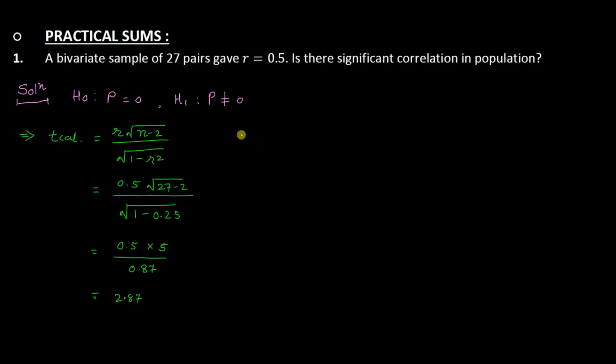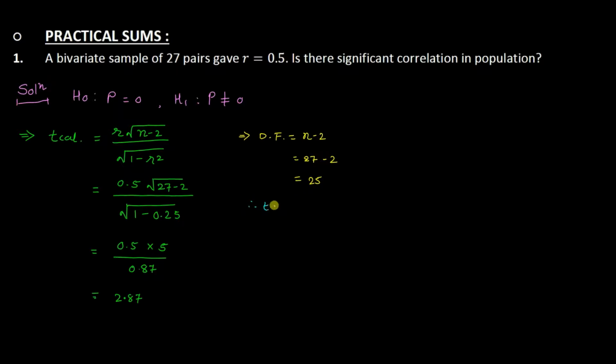Now find out degree of freedom. Degree of freedom is equal to n minus 2, 27 minus 2, and it is equal to 25. Now see table value.